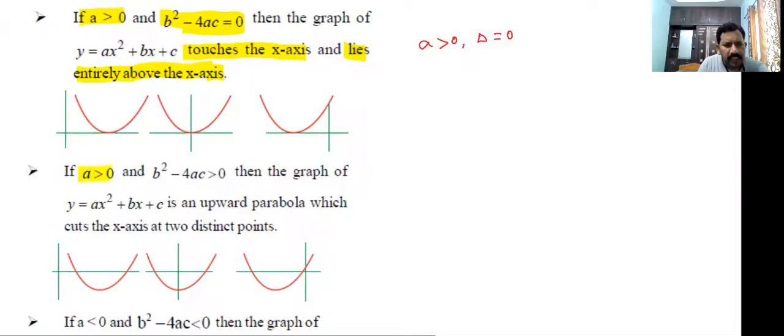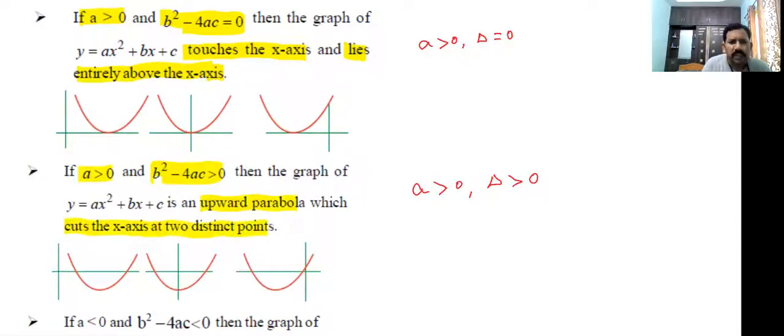If a greater than 0 and discriminant greater than 0, the graph of the curve is an upward parabola, which cuts the x-axis at two distinct points.